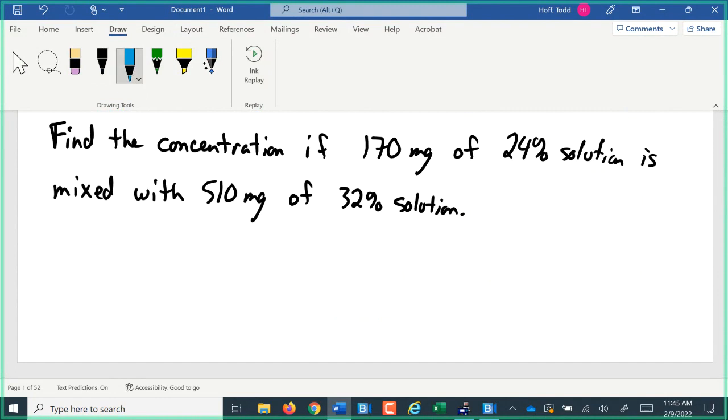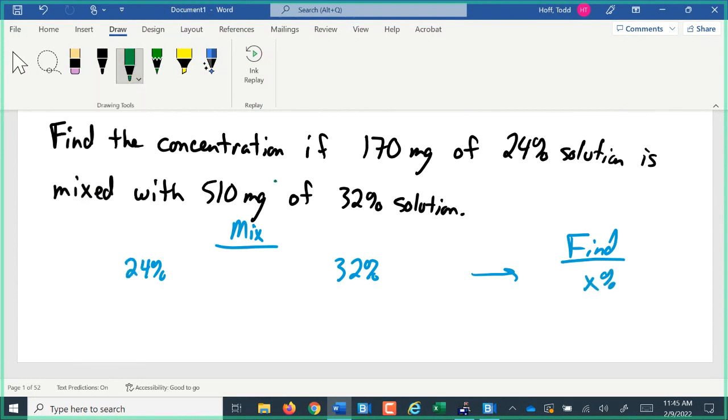So again, there's two things that need to be conserved. The things I'm going to mix here are going to be solutions A and B. I have a 24% solution and a 32% solution. I want to find whatever that new percent is.